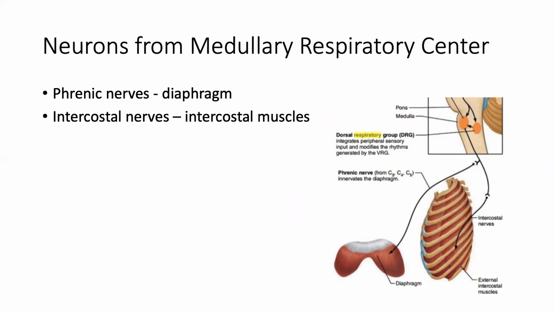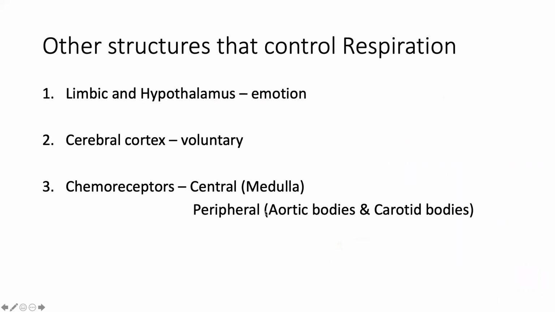So neurons from the medullary respiratory center go to the diaphragm as the phrenic nerve and go to the external and internal intercostal muscles as the intercostal nerves. So that is the nervous control of the respiratory system.